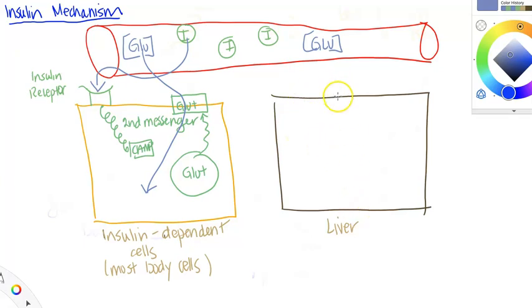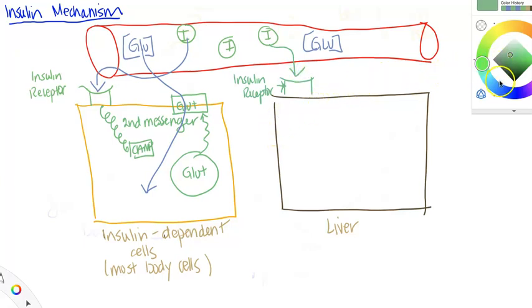In a liver cell, liver cells also actually have a receptor for insulin. Insulin receptor. And the insulin will bind here.